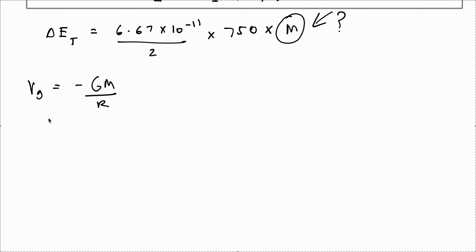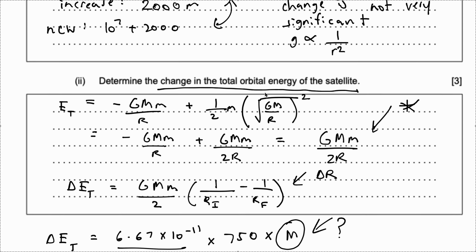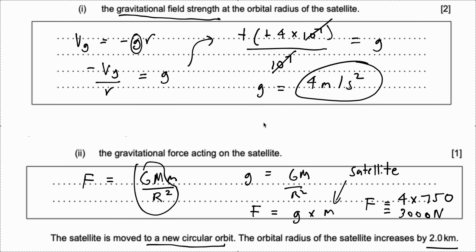So the gravitational potential at the orbital radius 10 to the power of 7 is negative 4 times 10 to the power of 7, equal to negative 6.67 times 10 to the power of negative 11 times M, which is what I want to solve for, over the orbital radius, which is 10 to the power of 7. No matter which point you use on the graph, the final answer will be the same.